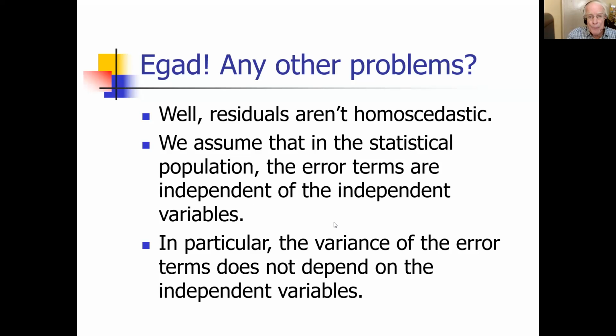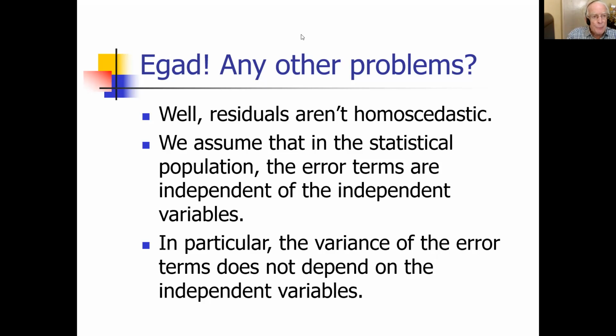In particular, the variance of the error term does not depend on the independent variables. So you remember that variance is a measure of dispersion of a variable. The more scattered, the more dispersed that variable, the greater its variance.